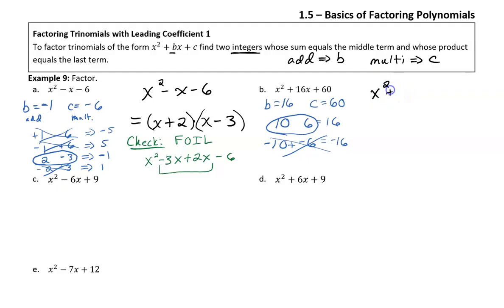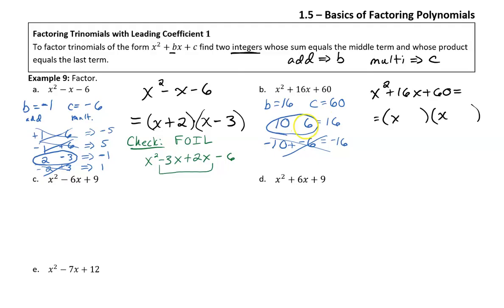So I have x squared plus 16x plus 60 is equal to, let me set up my parentheses. So x times x is what gives me that x squared, right? And that's important. That's why we're looking at just a leading coefficient of 1. That's how we know it's always going to be x times x because of this.